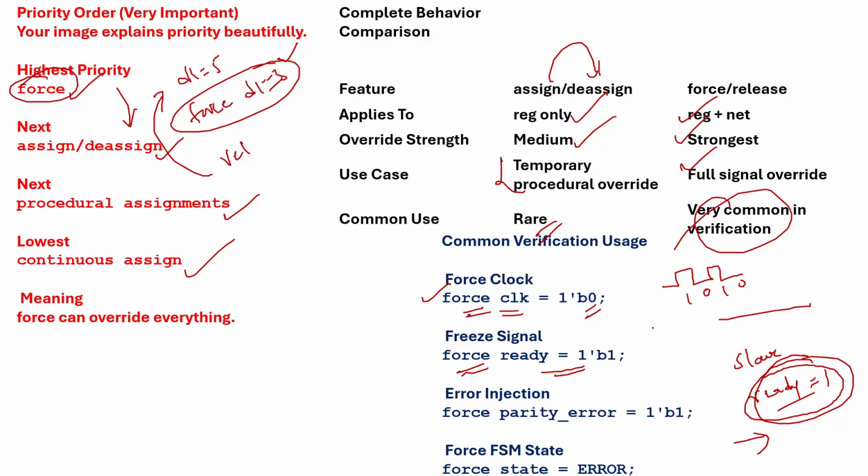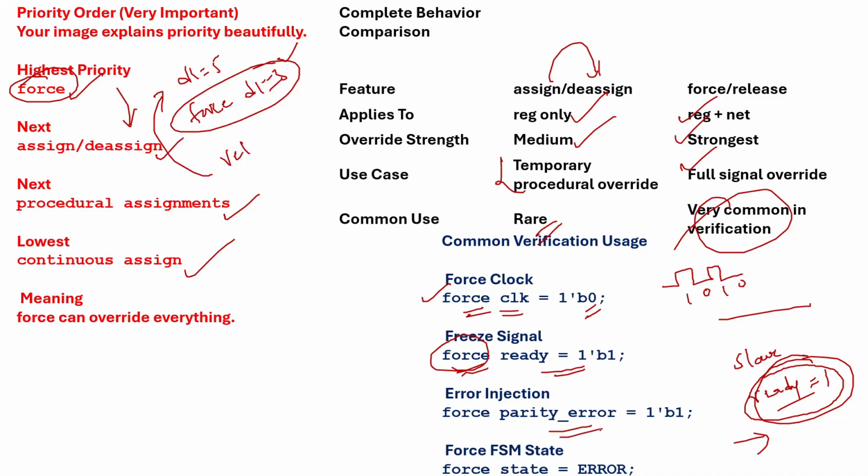I will wait some time, I have some patience, some tolerable value, so I can tolerate only to some extent. After reaching my threshold value, I reach my limit. So that's the reason we use the force keyword.